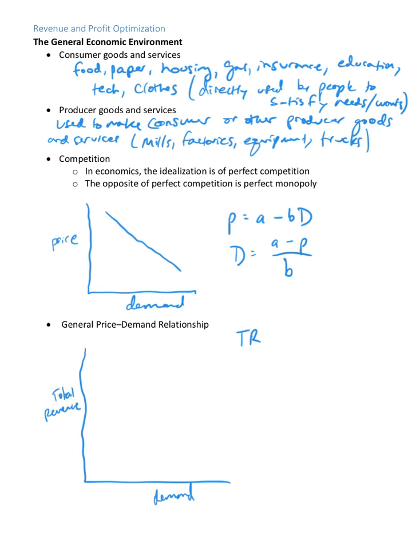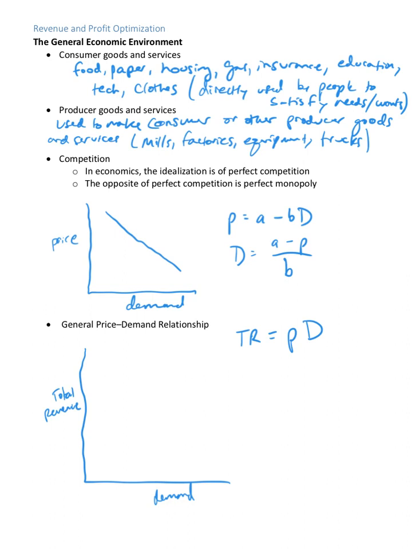So if I sell 100 glasses of lemonade for 50 cents each, 100 times 50 cents is $50. That's my revenue that I brought in. So I'm multiplying the price that I'm charging times the demand, how many I sold, okay? This isn't the profit. I haven't talked anything about costs yet. All this is the revenue.